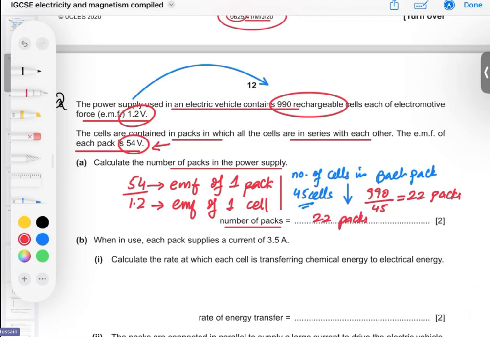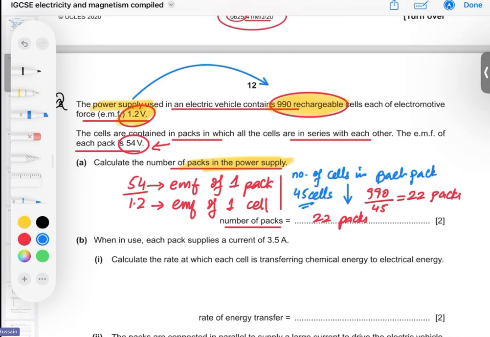Let me quickly go through it again. They were asking the number of packs used in the power supply. The power supply has 990 cells, and each cell is 1.2 volts.